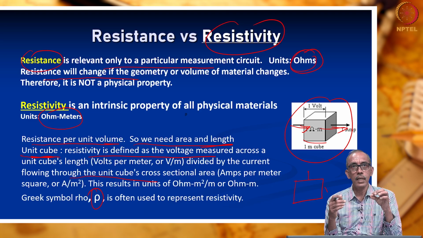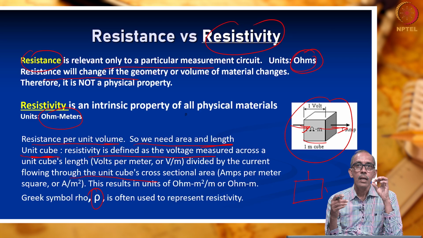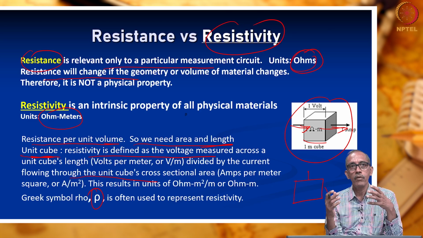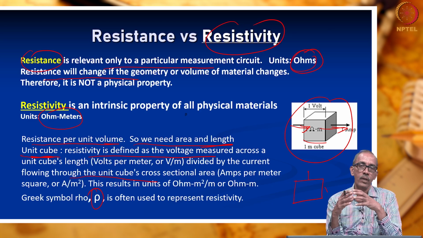Whereas resistivity refers to the intrinsic property of the medium or the material. Hence, for resistance the unit is ohms, whereas for resistivity it is ohm meter. The term meter indicates that we have now defined the geometry and size, or in other words the volume, of the material for which we are going to measure the resistivity.